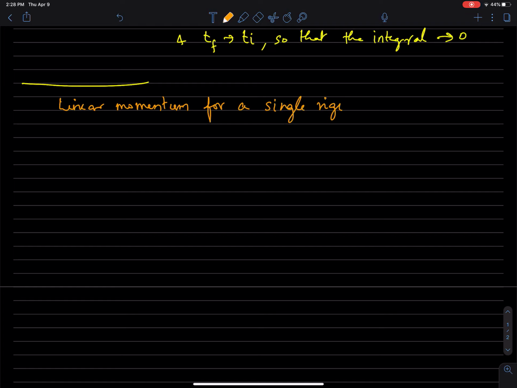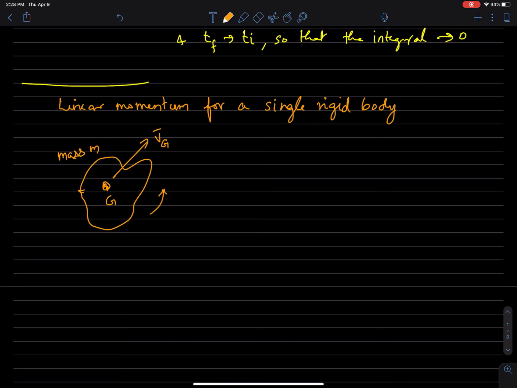If you had a single rigid body with velocity v and mass m, then its linear momentum is mass times the velocity of the center of mass.